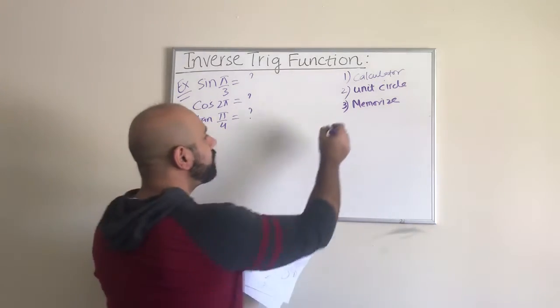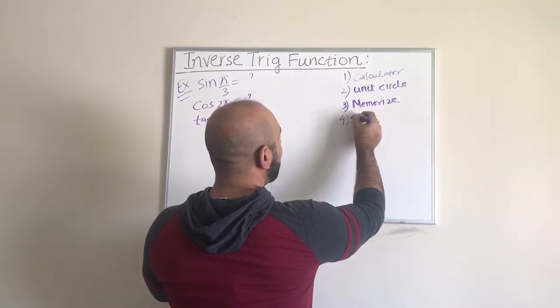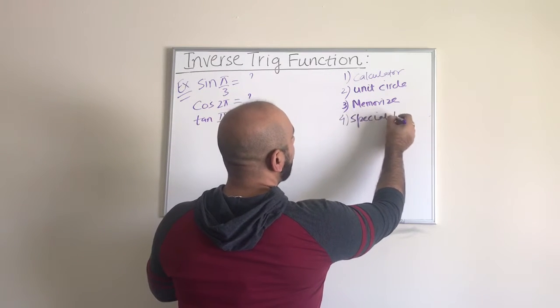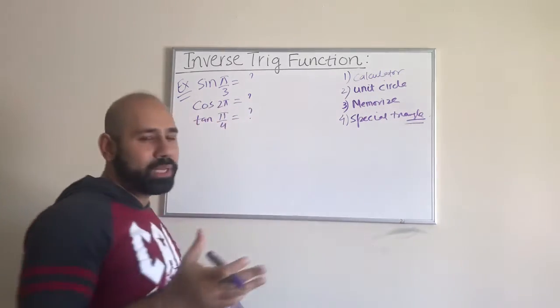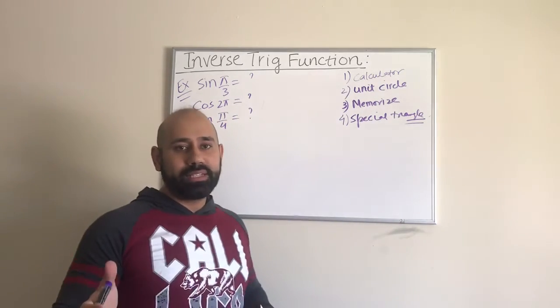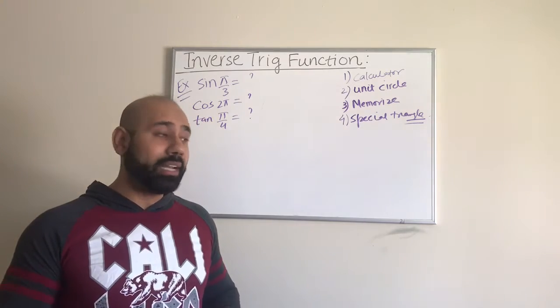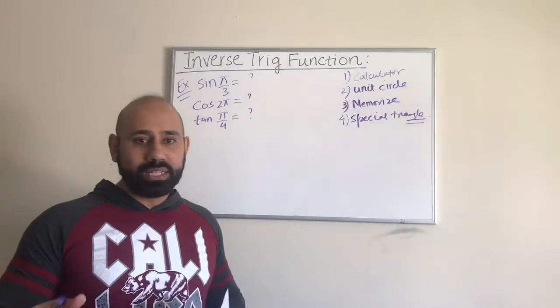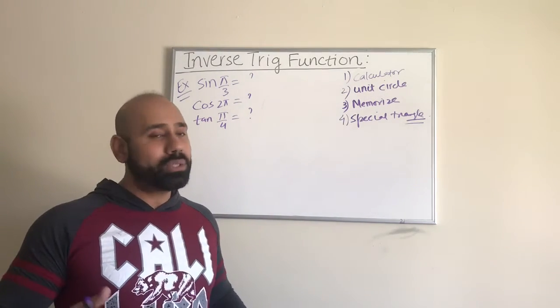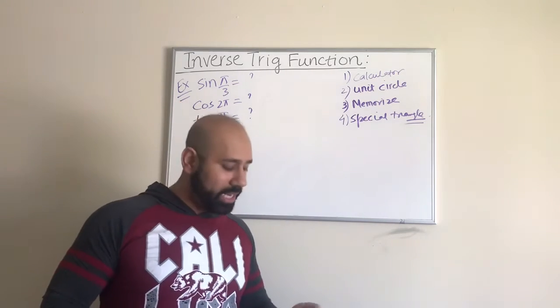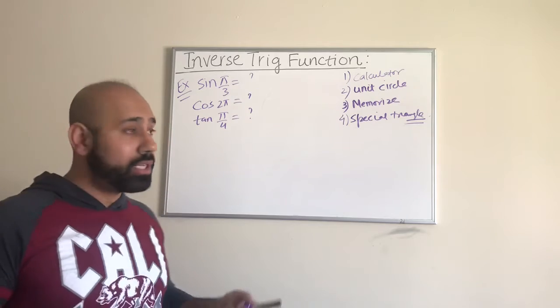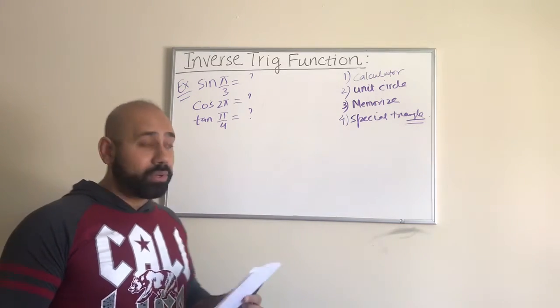And then the fourth one is that you have to know the special triangles. With special triangles, mostly there are two of those: the 30-60-90 triangle and the 45-45-90 triangle. But those two triangles are not going to cover all the different angles, so one has to know more than that. But guys, these are essentially four things that we have been using in order to actually evaluate the value for these trig functions.